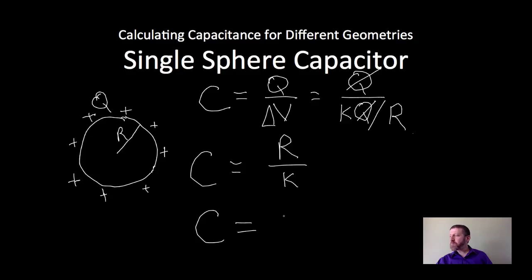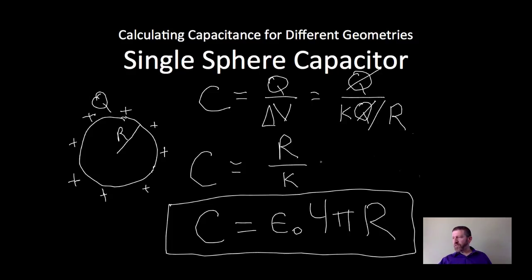That would be epsilon naught again times 4 pi r. How easy is that? I probably should have mentioned the fact that the Coulomb constant is just 1 over 4 pi epsilon naught, and that's how I got this result.